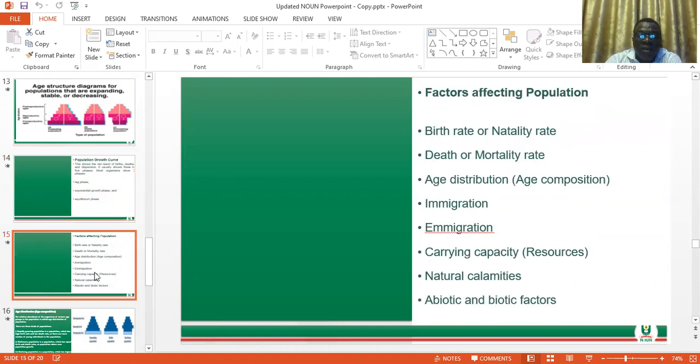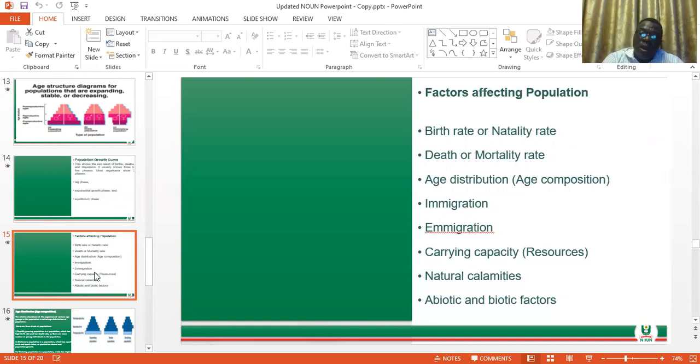Now we're looking at factors that affect population. These are the general factors that we know affect population. We have the birth rate or natality rate, death or mortality rate, age distribution, or what we know as age composition, immigration, carrying capacity, resources, natural calamities, and abiotic and biotic factors.